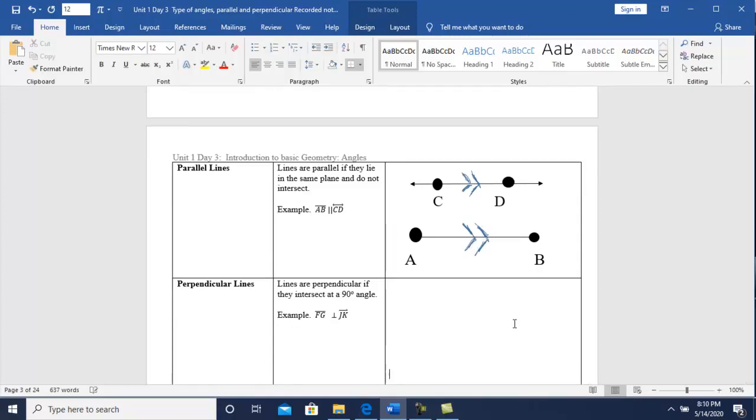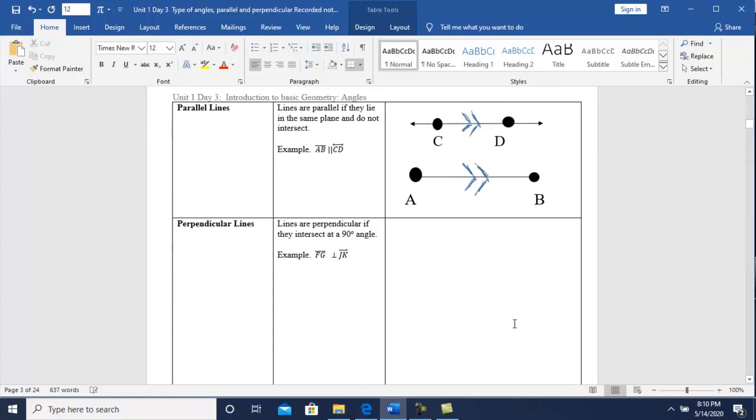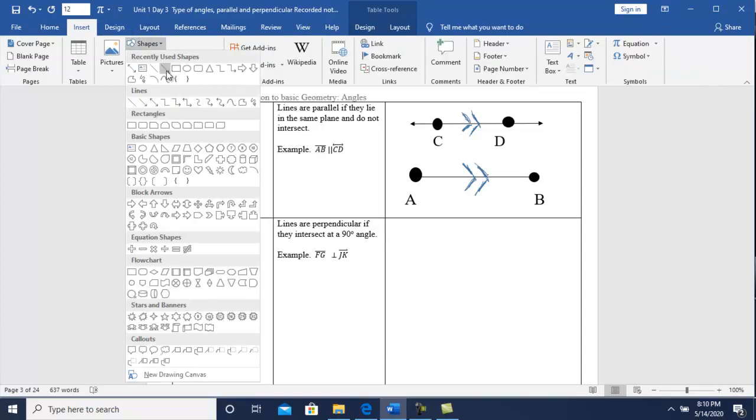Okay. All right. Last one. We're going to take a look at an example of two lines that are perpendicular to each other. This one we have a ray and a line segment. So let's draw our line segment first.